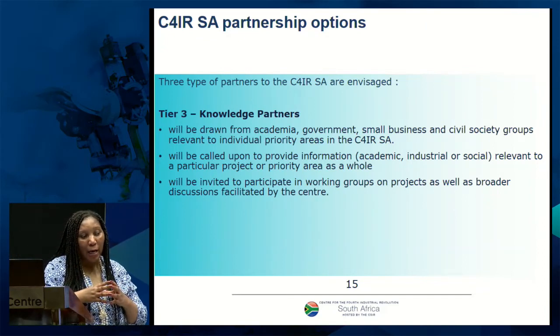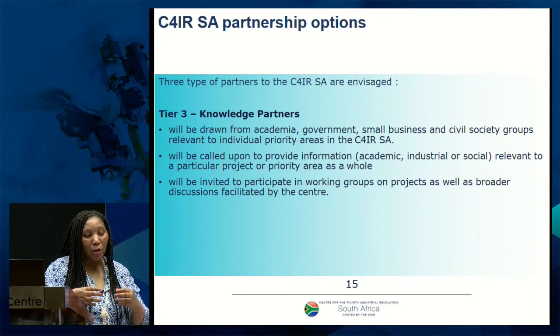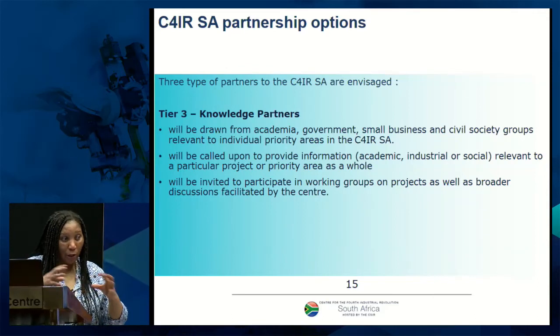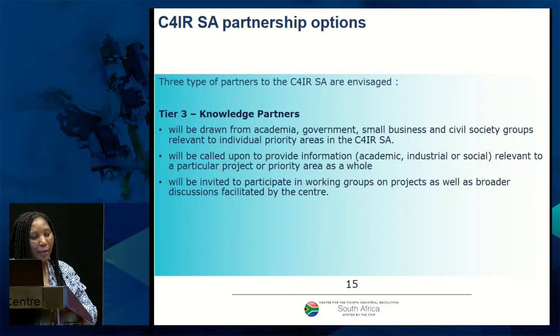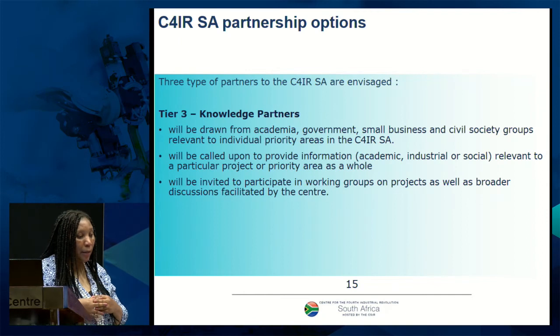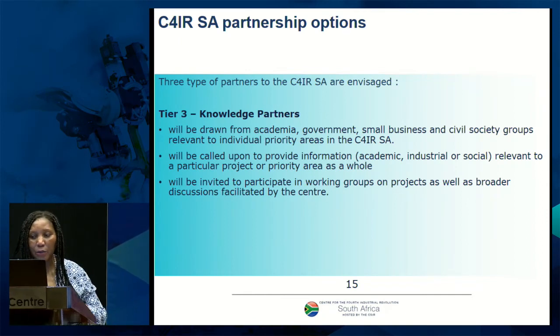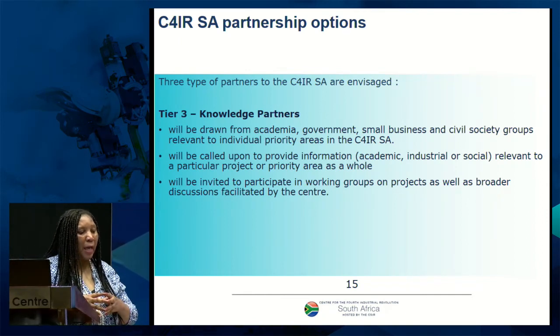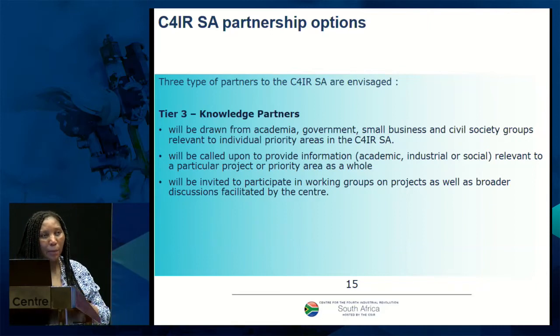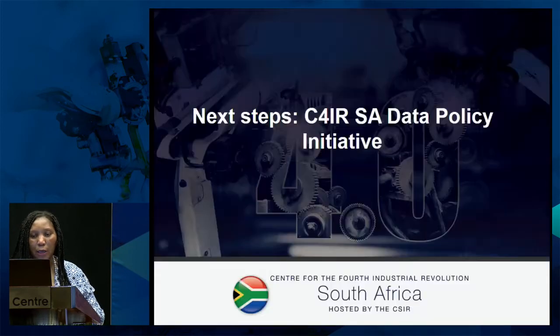In fact, around data policy, we'll likely be engaging project partners, because this would essentially crystallize itself into a project that you can roll out. And then thirdly, we've got knowledge partners: academia, civil society, small businesses. Again, these are key parties to help shape and evolve the solutions that the center seeks to achieve.